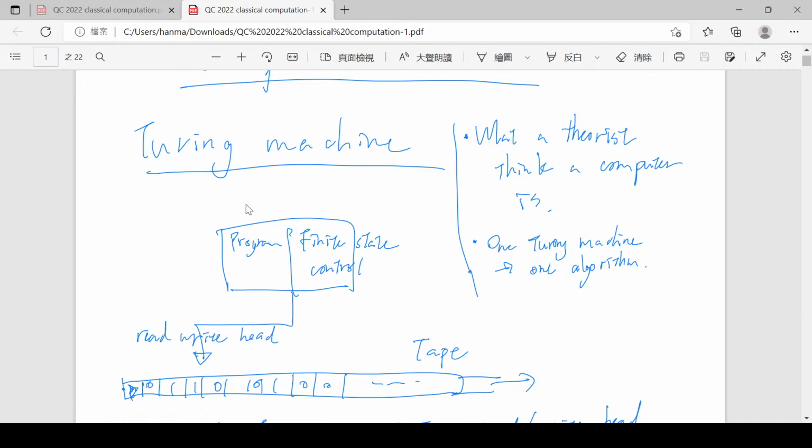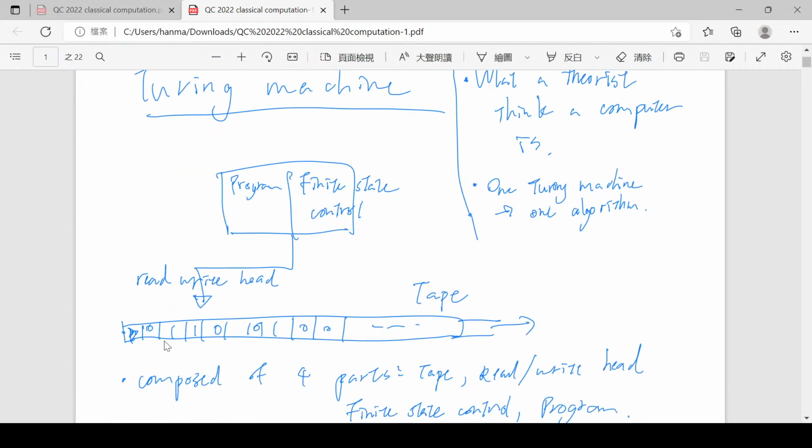Excuse me. Where you have some programs stored inside, also hard coded in your CPU, and there is finite state control. This is like a memory, and this tape can be seen as your hard disk.